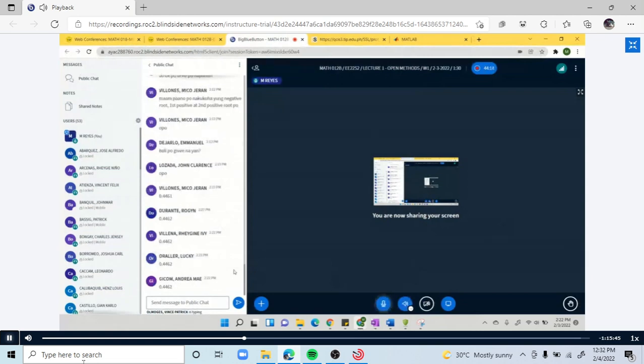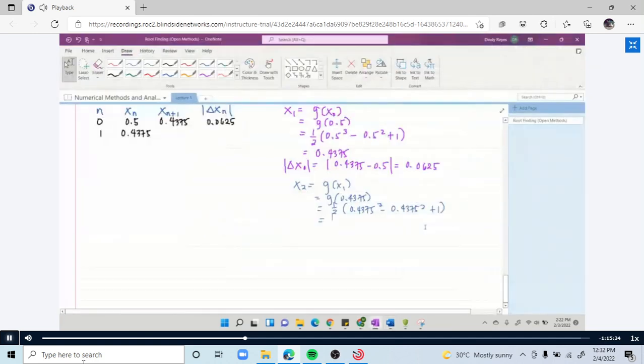Ano ba? 0.4461 o 62? So, 616 eh. So, 0.44616. So, when we round this off, 0.4462, no? 0.4462. And then, we solve for the absolute value, delta x sub 1. So, that's 0.4462 minus 0.4375. Absolute value, so it's always positive.